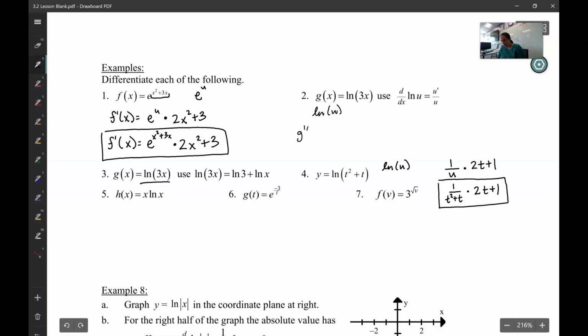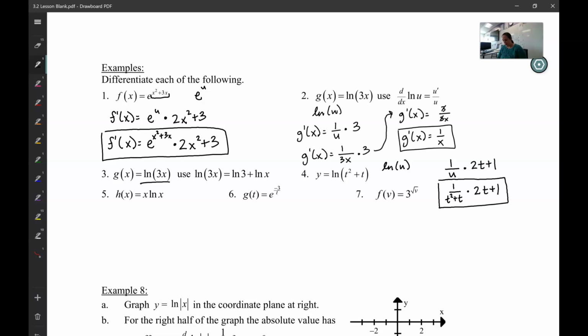So my derivative is going to be the derivative of the mommy times the derivative of the baby, and then plug the baby back in. 1 over 3x times 3. Which, if I simplify this a little bit, I'm going to get 3 over 3x. My 3's will cancel, so I actually get just 1 over x.